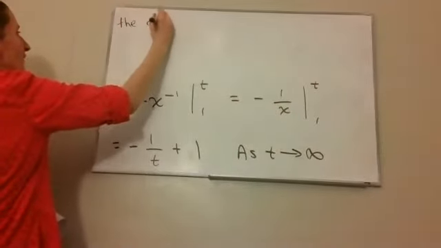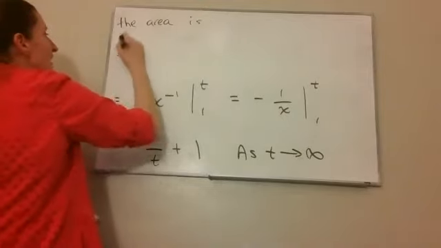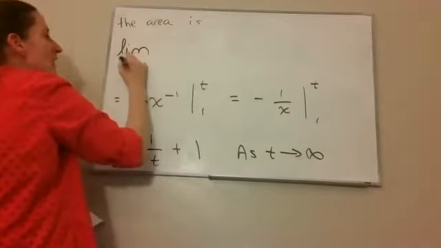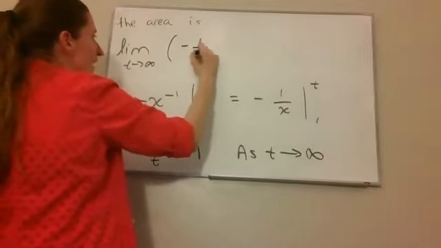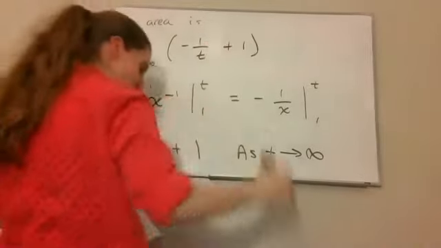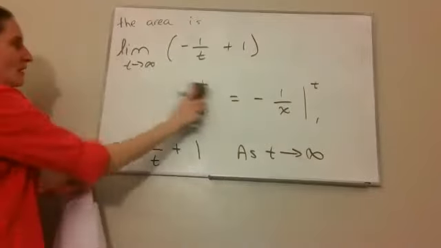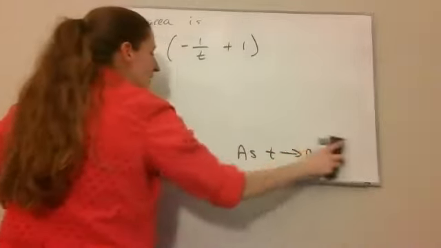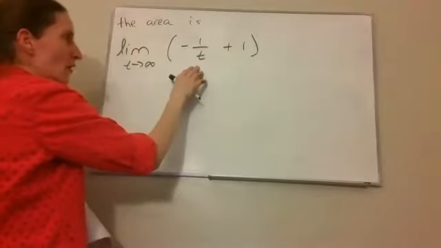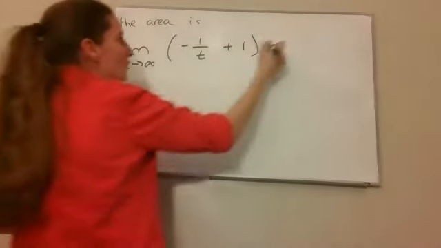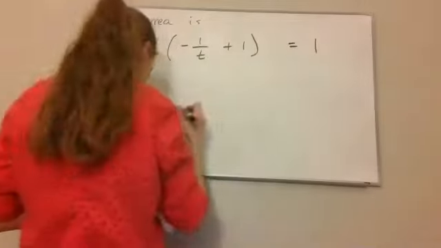Well, we would have that the area is the limit as t approaches infinity of this answer that we had, negative 1 over t plus 1. But now if I imagine t getting bigger and bigger, that makes that negative 1 over t smaller and smaller and smaller. It goes to 0. So this limit is equal to 1.